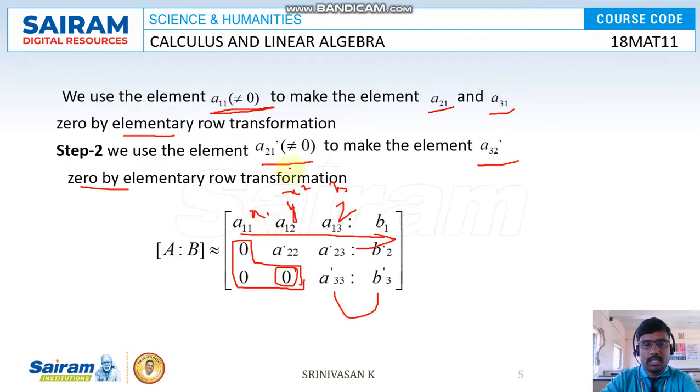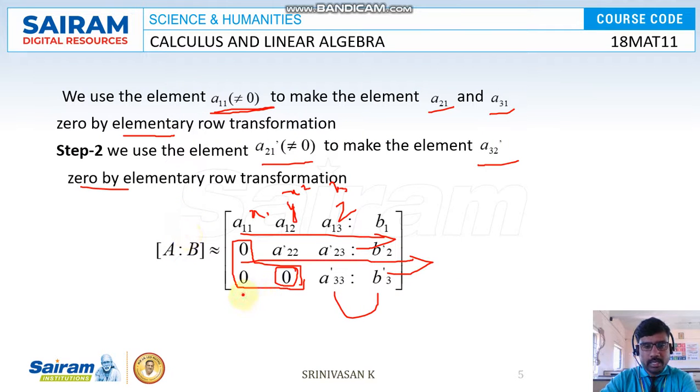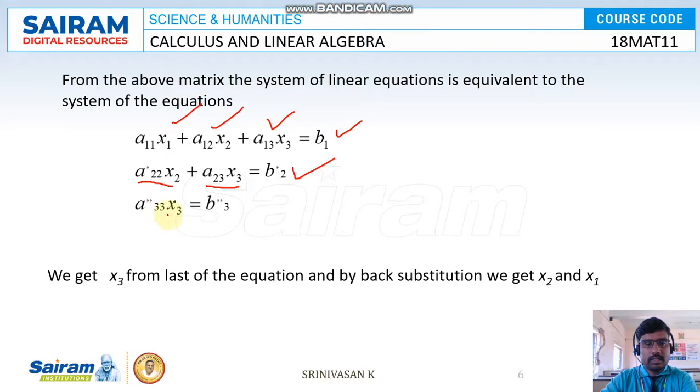Coming to the second equation, here x1 is 0, so a22 into x2 plus a23 into x3 equal to b2. And next, here x1 is 0, x2 is 0, only x3 remains. So a33 into x3 equal to b3.